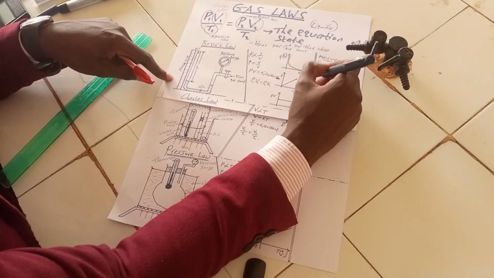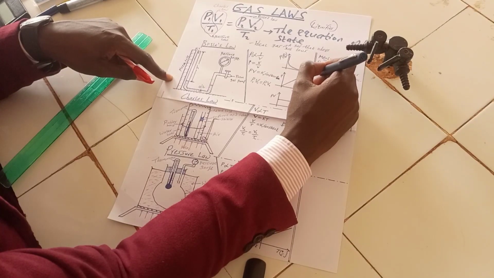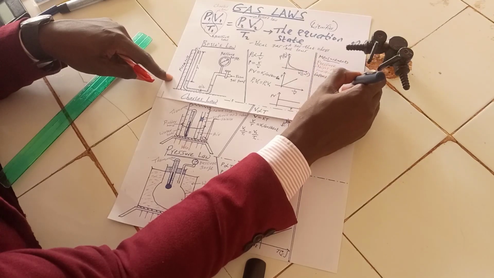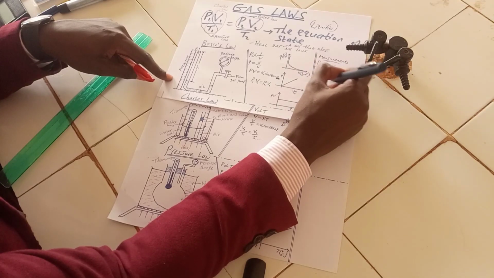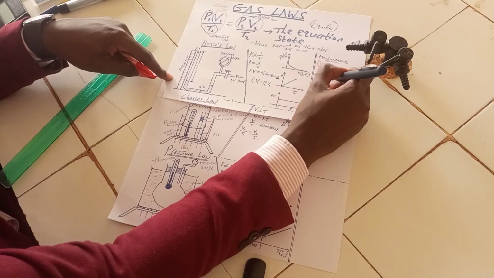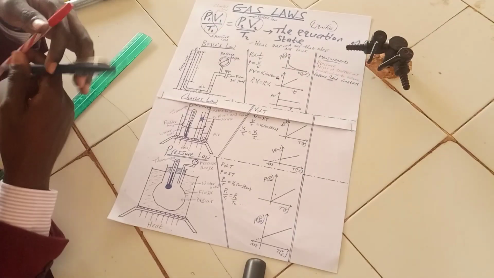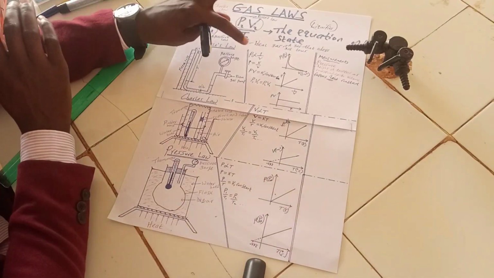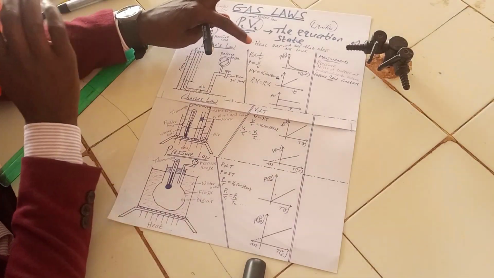What factors are held constant? The factors held constant for this experiment. First of all, when you are stating the law, you say that pressure of a fixed mass.